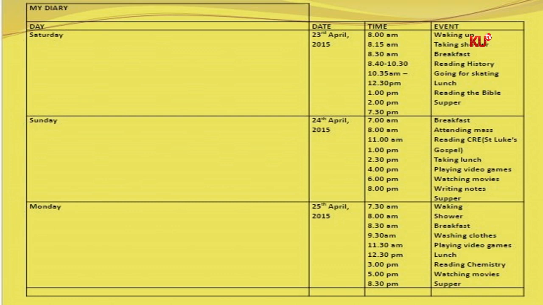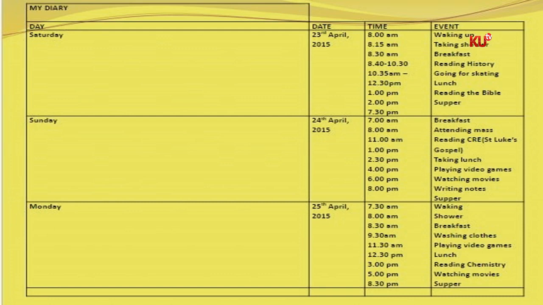The sample date there is 23rd April 2015, and then the time and the event. At 8 a.m., the owner of this diary was waking up, 8:15, taking a shower, then 8:30, breakfast, reading history.